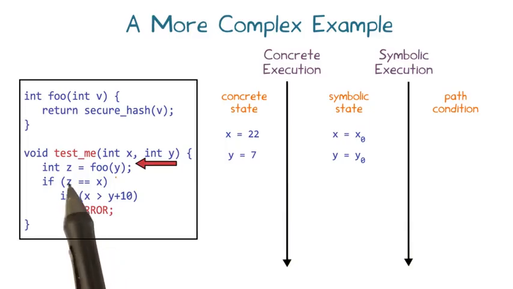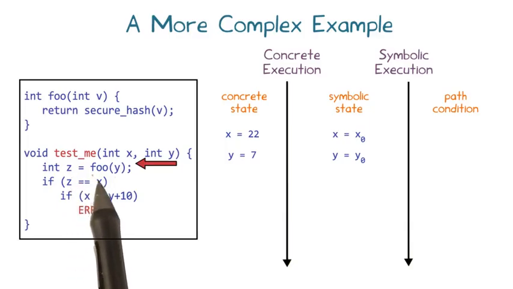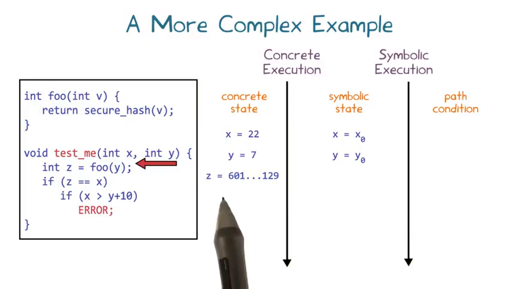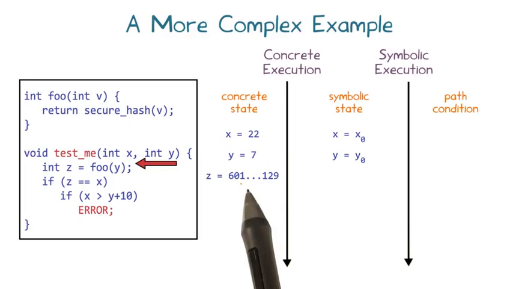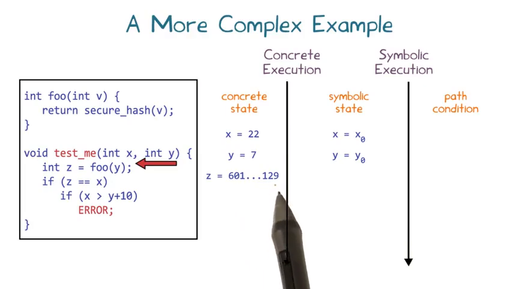In this program, z is again assigned the output of foo of y. However, its concrete value this time is a large number with over 150 digits, starting with the digits 601 and ending in the digits 129. Let's ignore for now the overflow that would occur in some languages in trying to store such a large number.